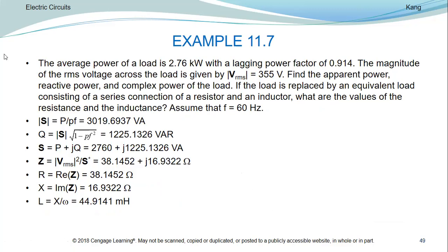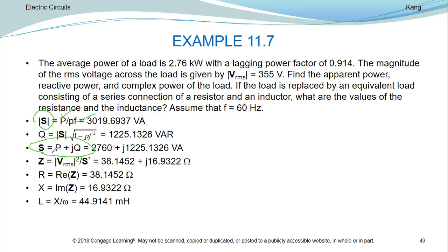So just summarizing that, first we have to find the value of S, which will be equal to P upon PF. Then the Q value, then S equals P plus jQ. Now the next is Z. Z will be equal to VRMS squared divided by S conjugate.